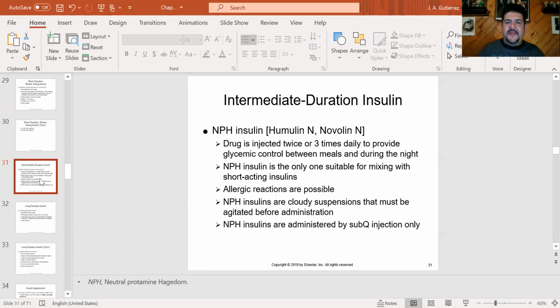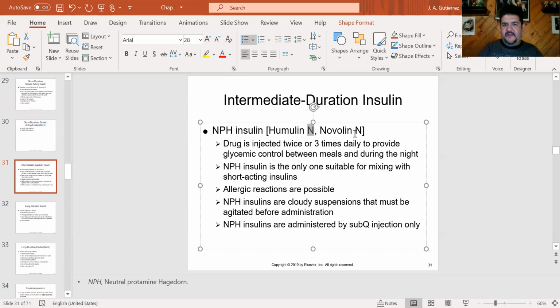Next one is an intermediate duration insulin, NPH insulin, Humulin N, Novolin N. So you can see on the brand names, they'll put an N to it. That way you know that it's NPH insulin. The highlight is that it's a cloudy suspension.